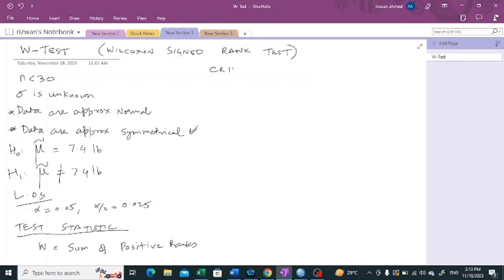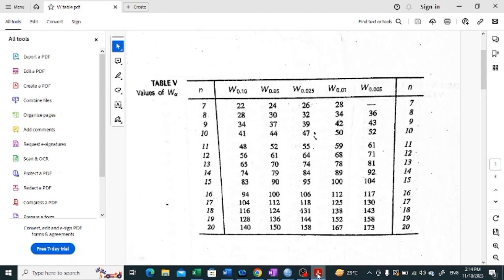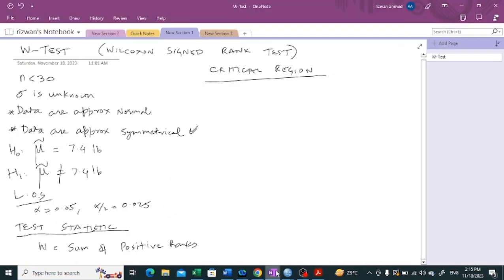Now in the next step of critical region, look at the W table. We need to consider the row number 13 and 0.025 as the significance. And the W table gives us only the right tail critical value. That's 74 over here, 13th row, 0.025. 74 is the right tail critical value.